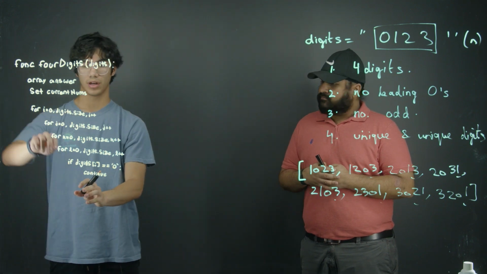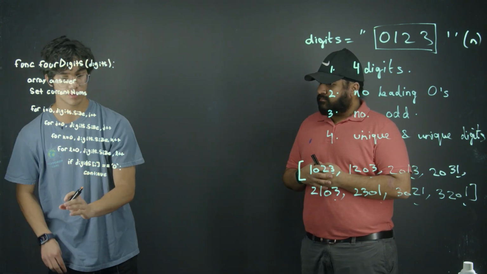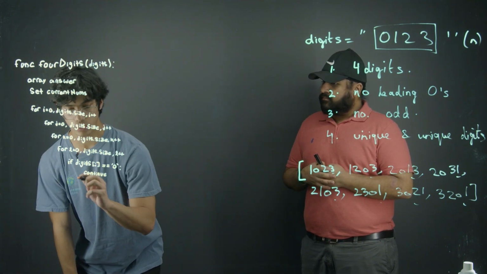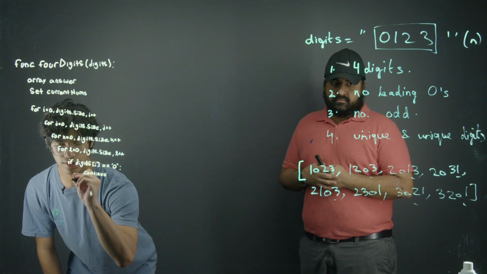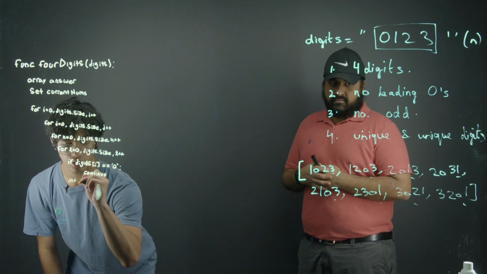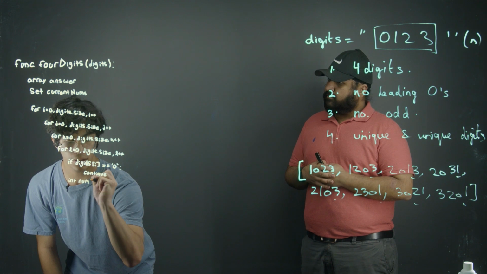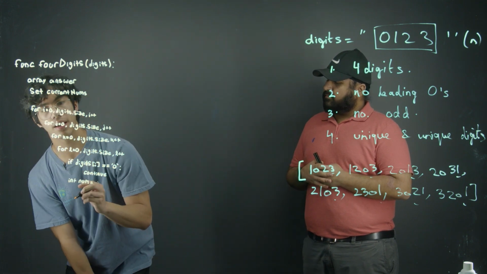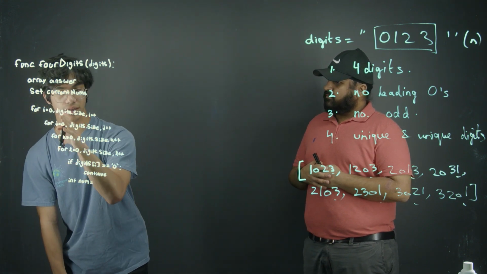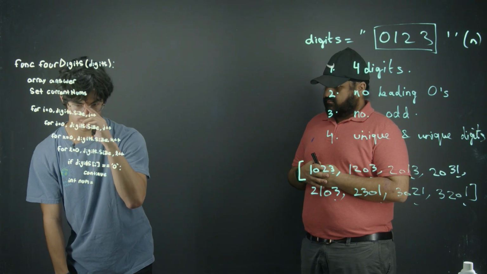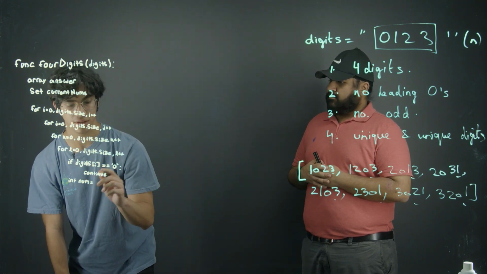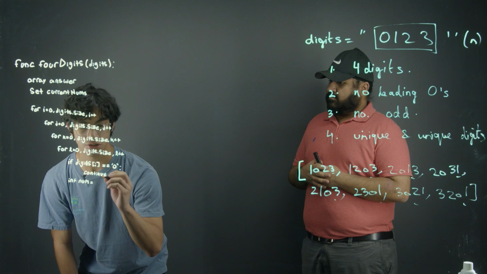And then we're going to want to make sure that it's odd. So to do that, we're going to actually need to form the number first. So we'll have this int, which we'll call num, and we're just going to form that by concatenating these characters together, and then we're just going to assume that we have some toString function.